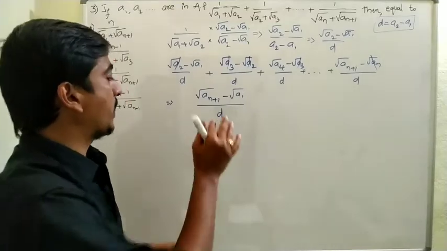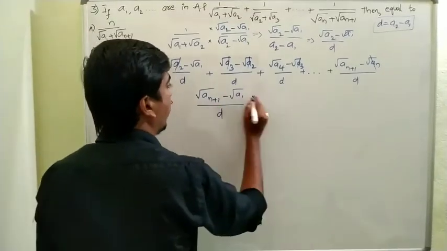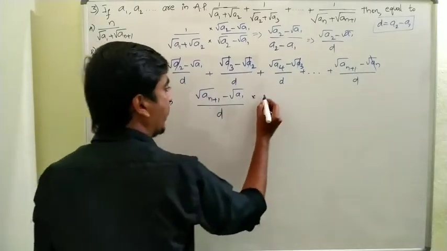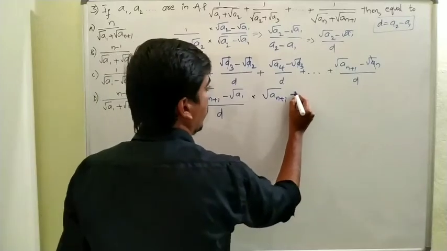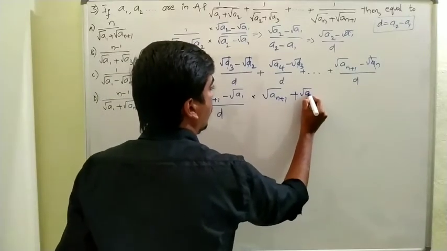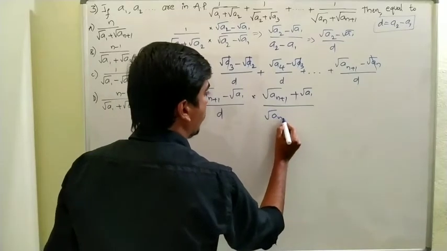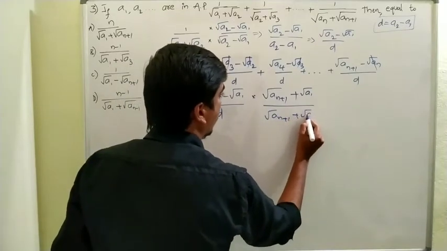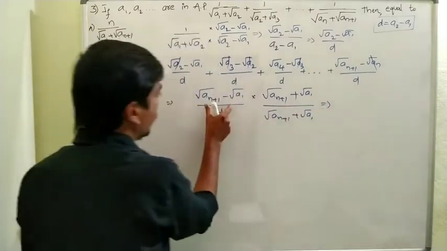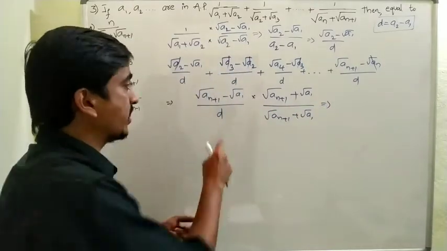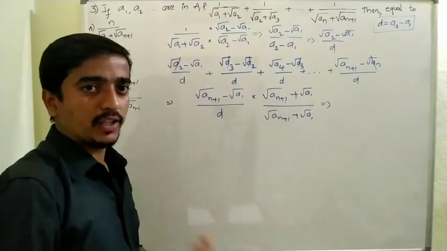Now also multiply this with the rationalizing factor. The rationalizing factor of the numerator is root a(n+1) plus under root a1, the same thing in the denominator: under root a(n+1) plus under root a1. Here also we can use the same formula which we used previously, (x minus y) into (x plus y) is x square minus y square.